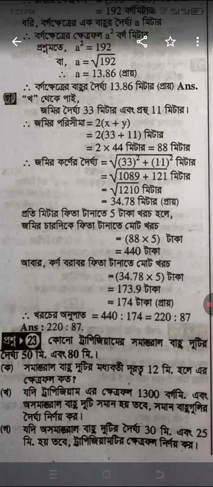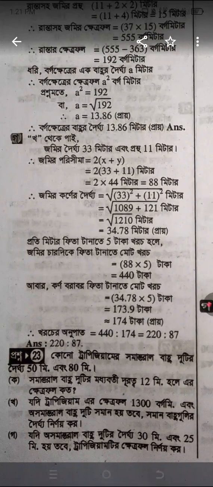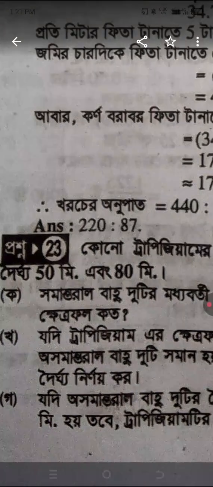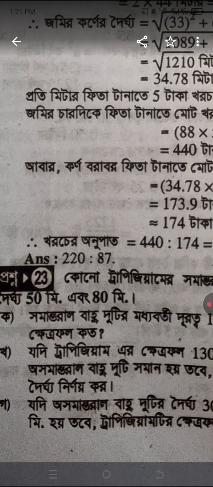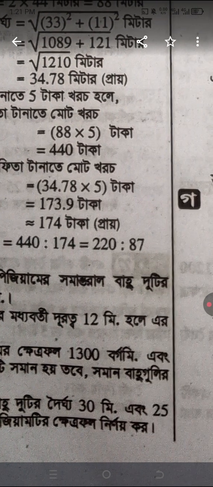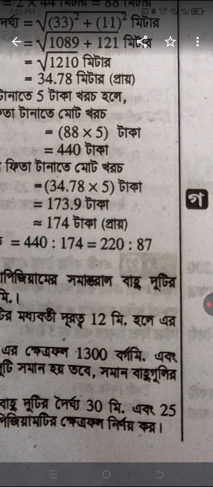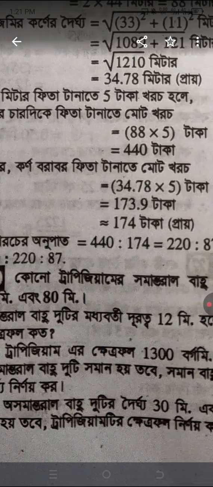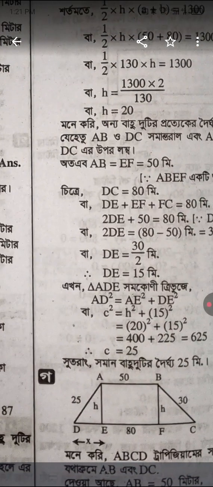Most likely you do not understand them, but you can definitely see some English digits. They say the parallel sides have the length 50 meter and 80 meter. The other two sides have the length 30 meter and 25 meter. You have to find the area.